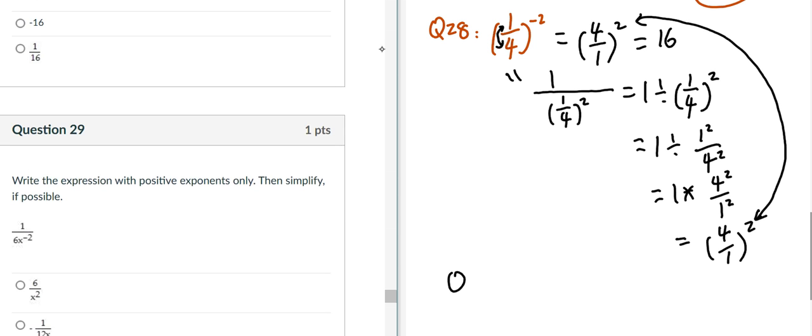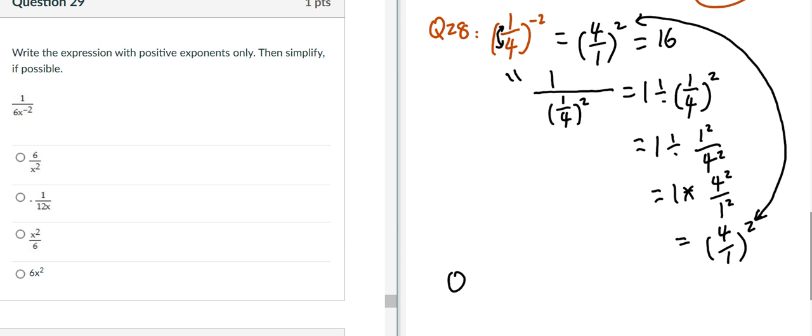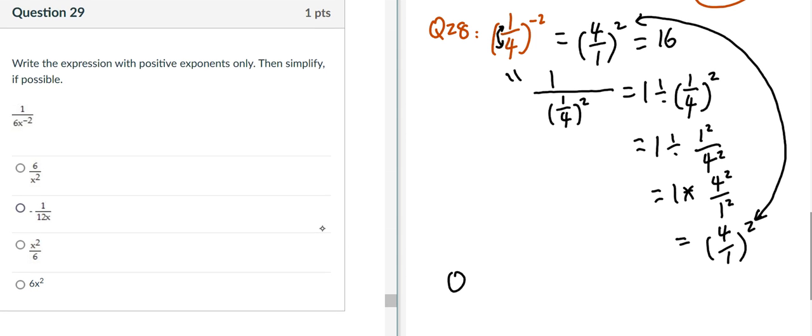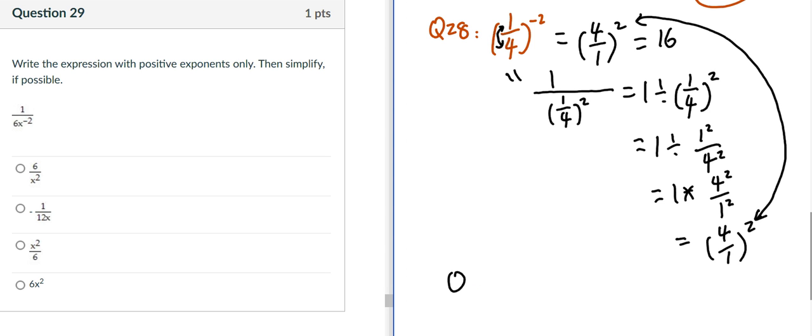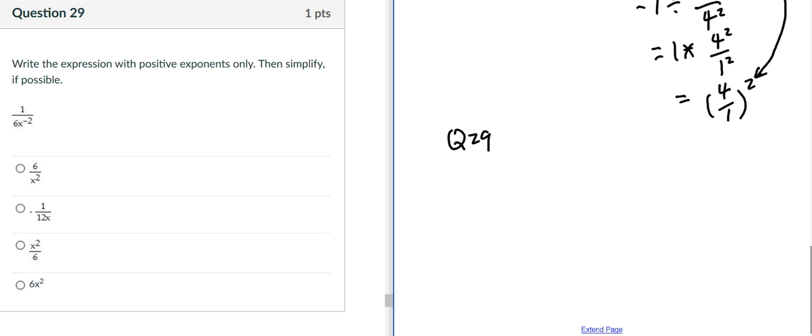Now, this number will be question 29. We did 1 over 6 to the negative 2.